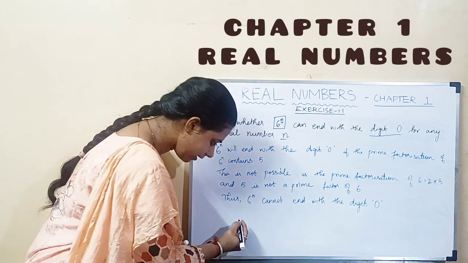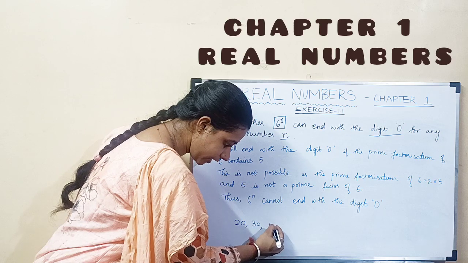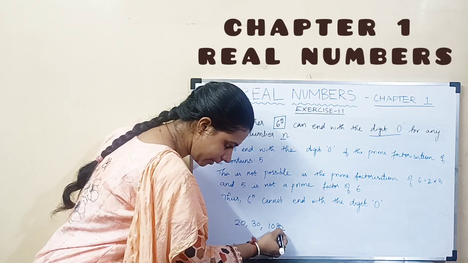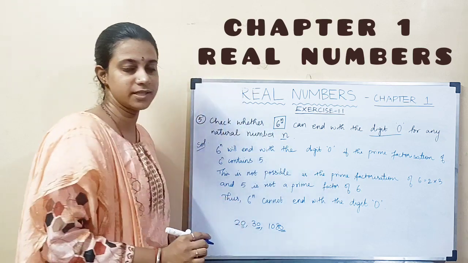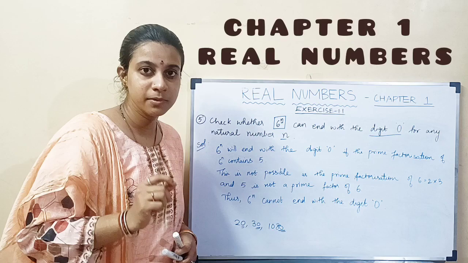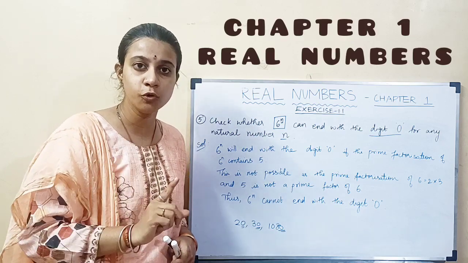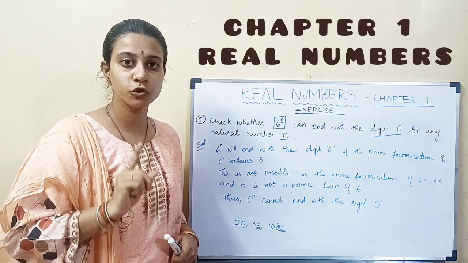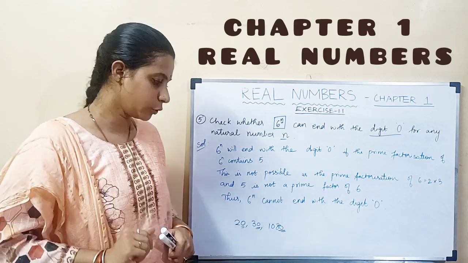Any number, let's take like 20, 30, 1080, any number ending with the digit 0 will be divisible by 10. For any number to be divisible by 10, the number should have the factors 2 and 5. Both should be present for the number to end with the digit 0.